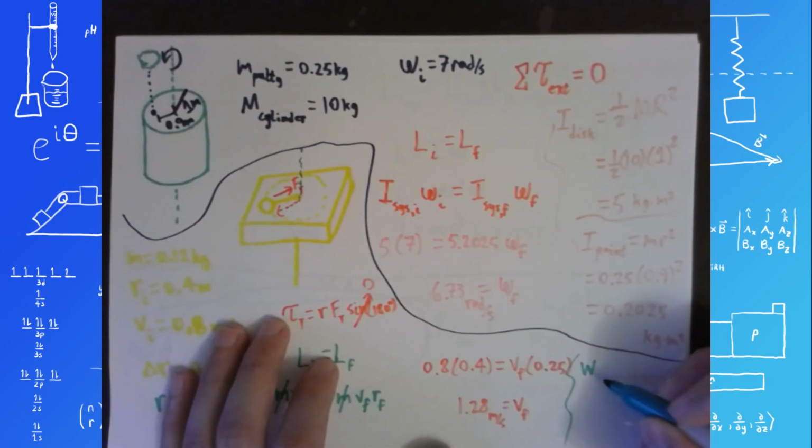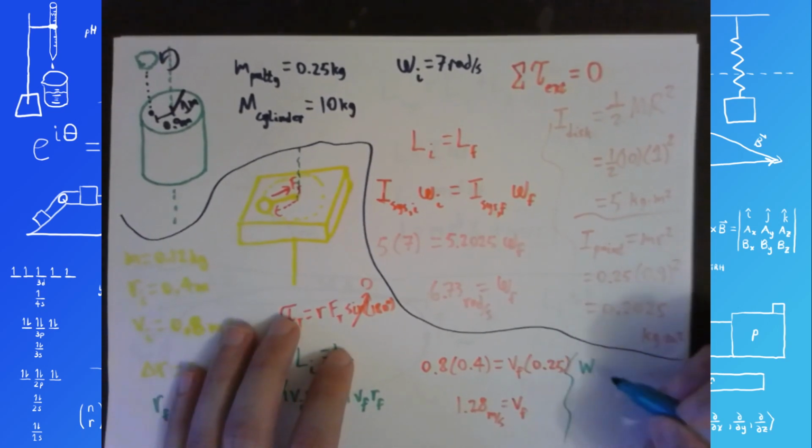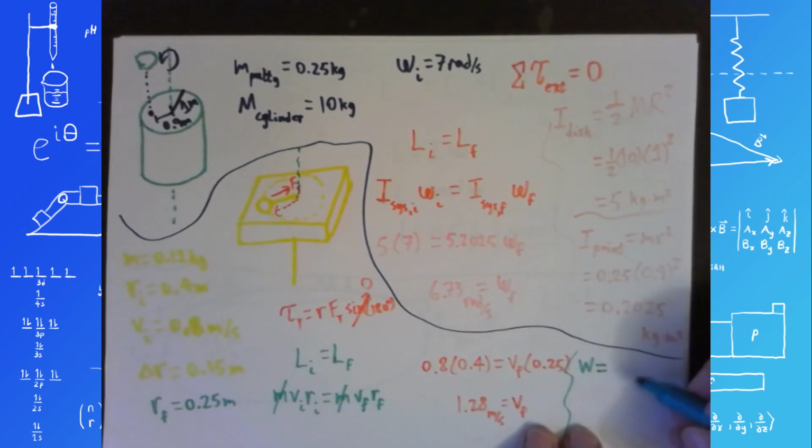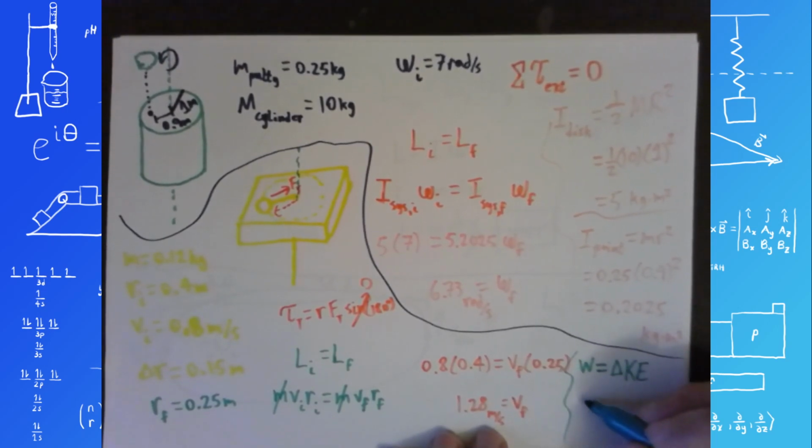So either way, the total work from the normal force and gravitational force don't need to be considered. The total work left is just the tension work, and that is equal to the change in kinetic energy because of the work kinetic energy theorem. And we can calculate the change in kinetic energy. It's 1/2 m v final squared minus 1/2 m v initial squared.